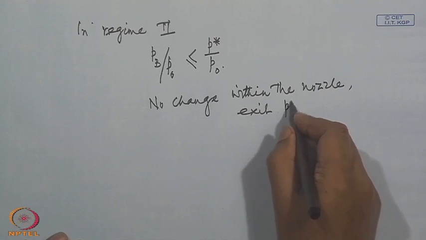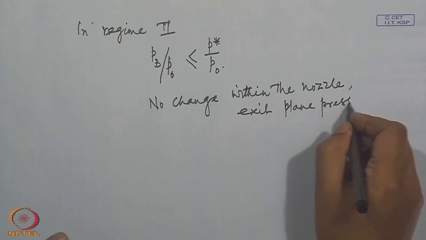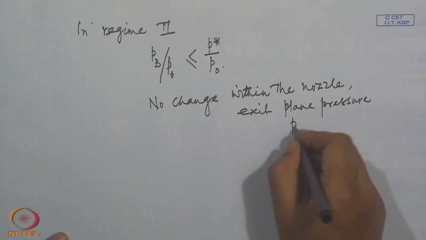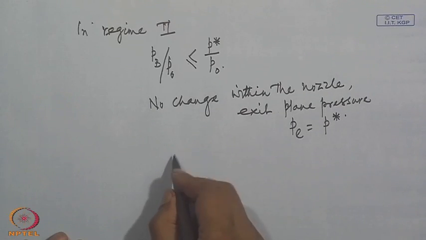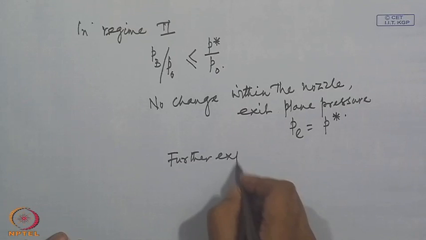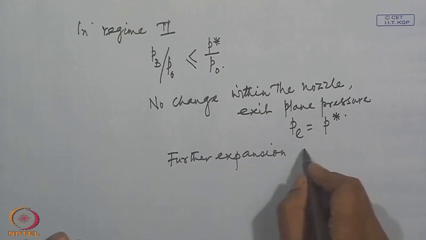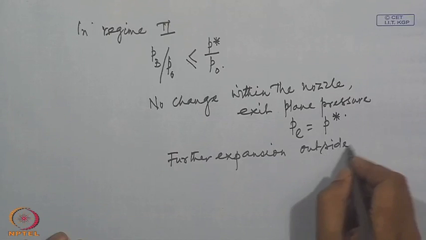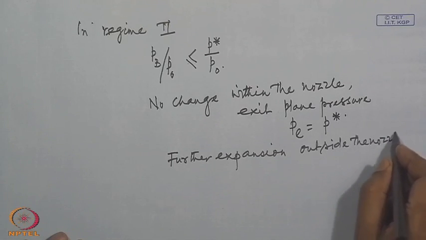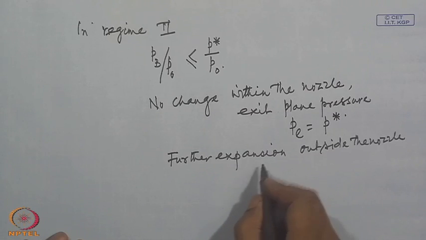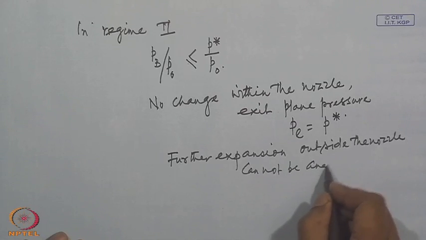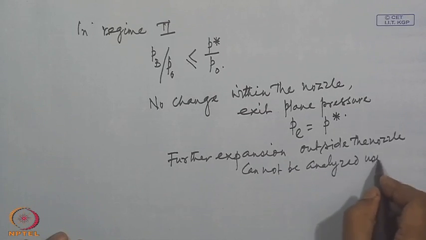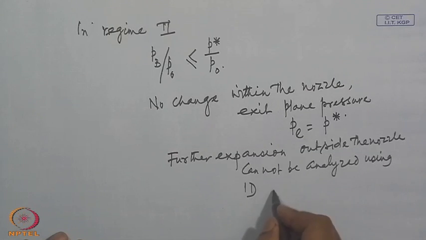Exit plane pressure P e remains fixed at P star, and further expansion occurs outside the nozzle, and this cannot be analyzed using 1D analysis.